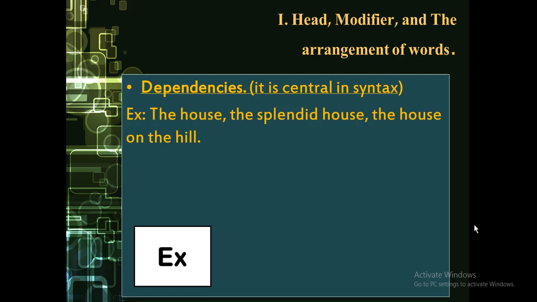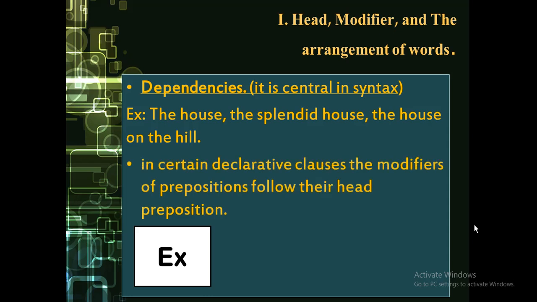The word splendid here gives additional meaning to the house, and on the hill here also gives an additional meaning to the house itself. Splendid, the house, and on the hill come together to build one meaning, one direction, one different interpretation of our imagination, right?